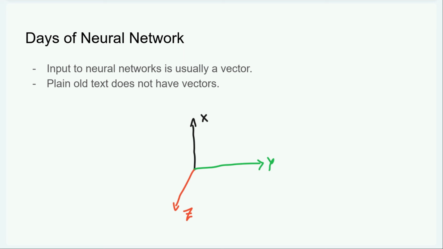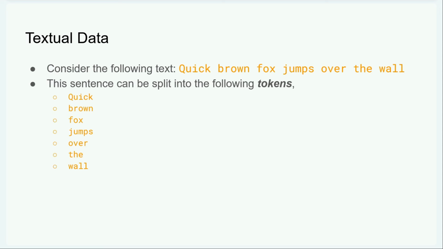But now, let's say you write your name, I write my name, how can I represent my name in this manner where it has an x component, a y component, and a z component? That basically does not make any sense. So we will now start building upon how I can represent my text, which is, let's say, a name or anything, in that vector.